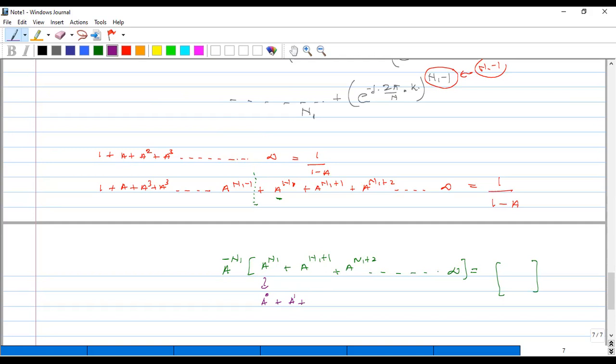Likewise you will have a2, a3, a4, some value up to infinity. So this will be again 1 divided by 1 minus a.